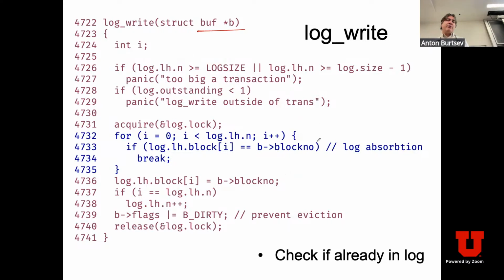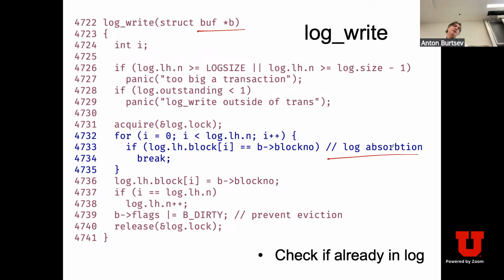Literally, when you write a buffer, we will first check whether this block was written before, because maybe you are writing the same block multiple times and you don't know ahead of time. And so you implement this logic of log absorption.